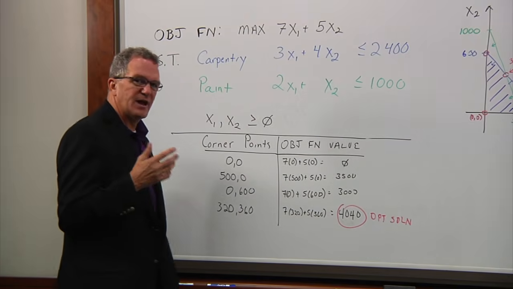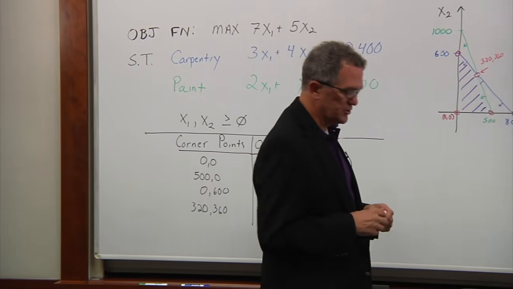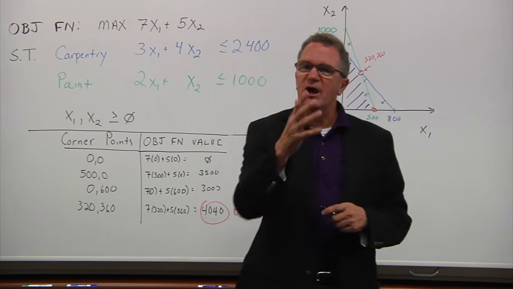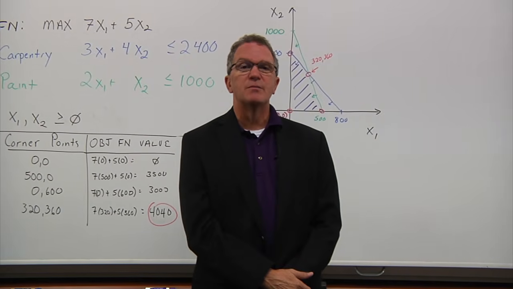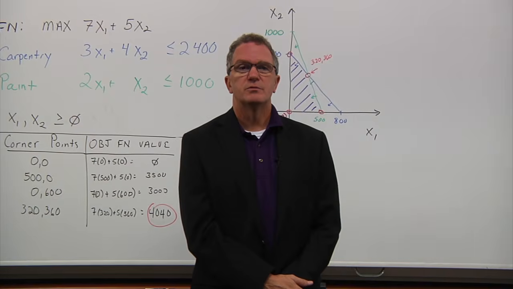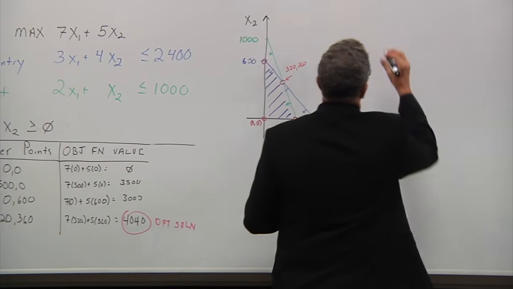But what we want to find out is, if we have more resources, and most of you will understand this right off the bat, if we have more resources, we can make more money. So the question becomes, what is the value of more resources? To do this, we calculate what's called the shadow price.